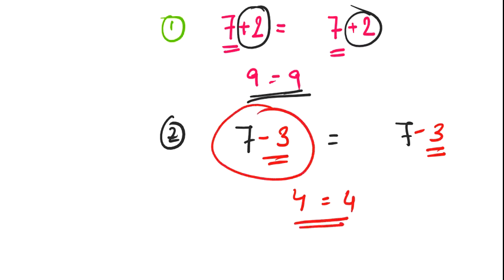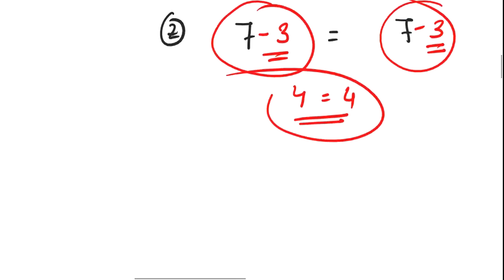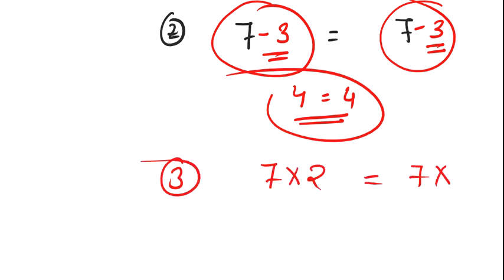Earlier also it was an equation, and even after subtracting the same number, it is the same equation. Clear? If I multiply anything, it is again an equation.